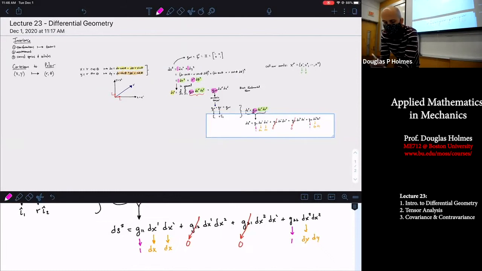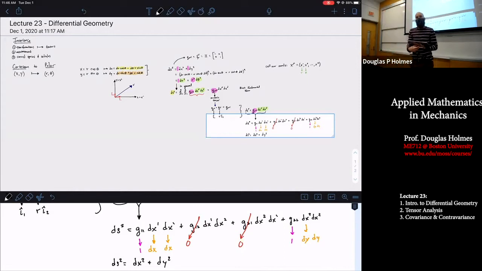And so we recover what we're used to. So does that help understand the way to unpack the first fundamental form, the length of the line?